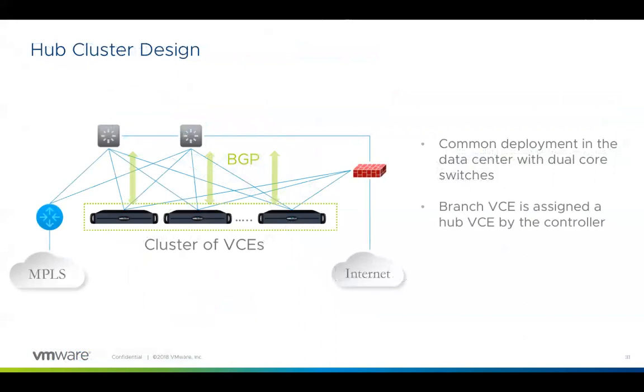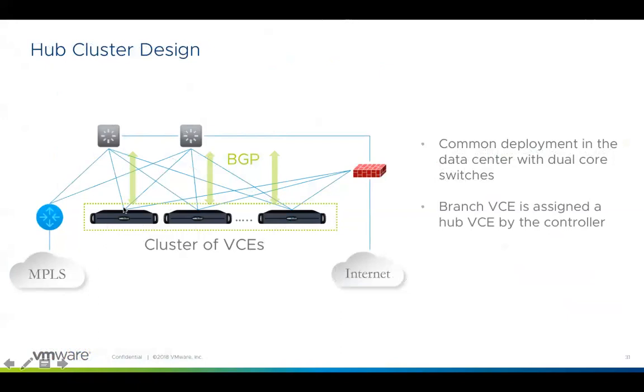So just as a quick summary, this is designed with hub clustering, and this should only be used in the data center. There should never really be a good reason to use this at a branch site. Each of the hubs or hub VCEs in the cluster would run BGP with a core switch.